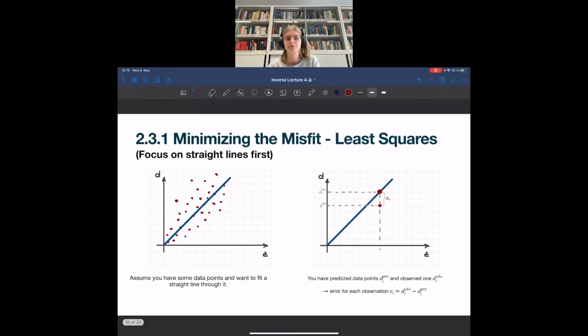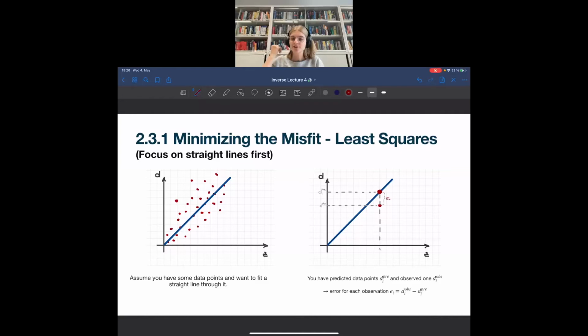What we do is, for each of the individual data points we have, we define an error. We have on the one hand the predicted data points. As I mentioned before, those are the data points that will be predicted by a model, and the model in our case is the straight line.